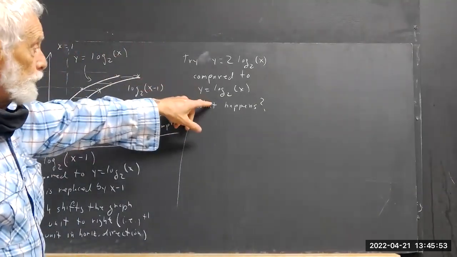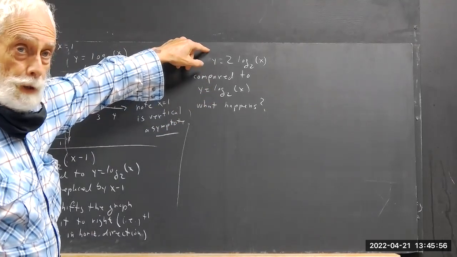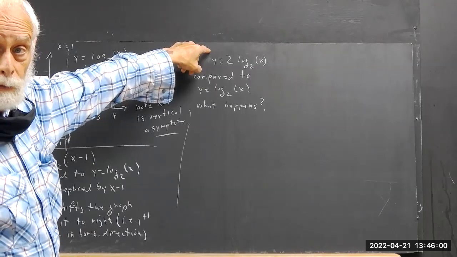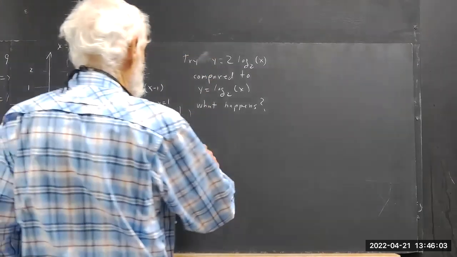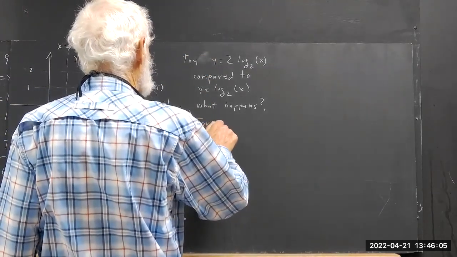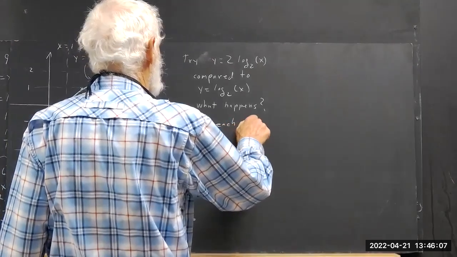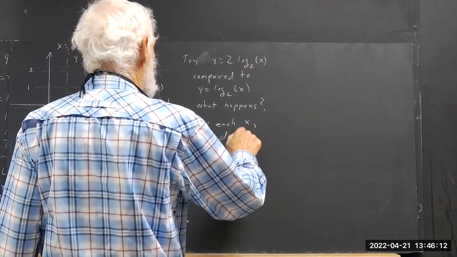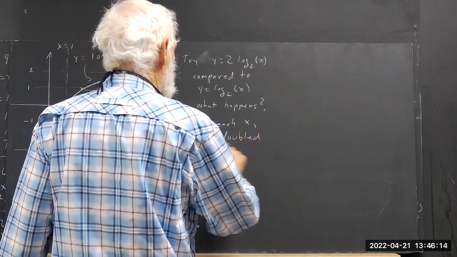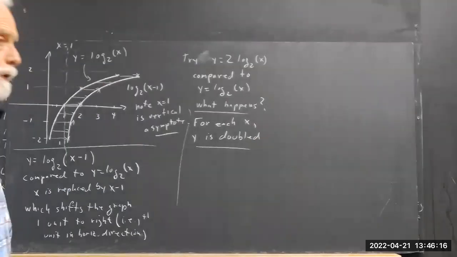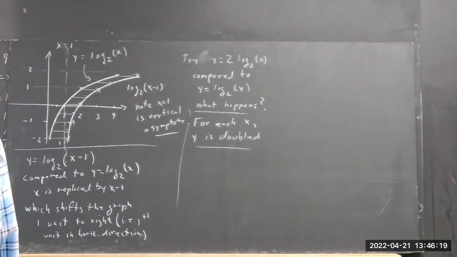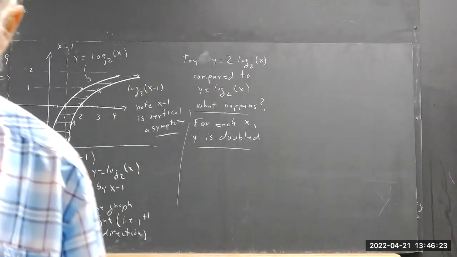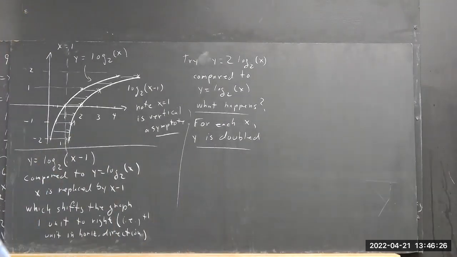Here's my hint. Compared to y equals log base 2 of x, what happens here? Well, your y values for given x are always going to be twice as big, right? So what happens is for each x, y is doubled, right? So pick a point on the graph. What happens if x stays the same and y is doubled? Where does that point go?